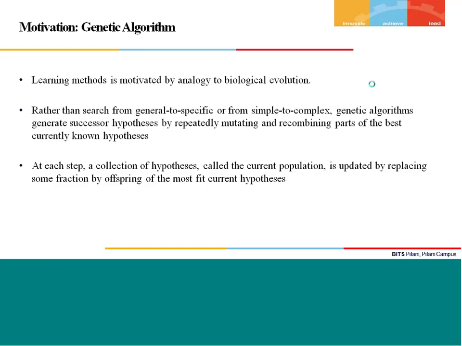Those hypotheses performing well in comparison to the others are the ones we focus on. At each step, a collection of hypotheses called the current population is updated by replacing some fraction with offspring of the most fit current hypotheses.